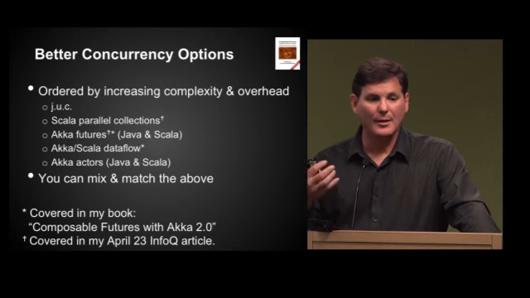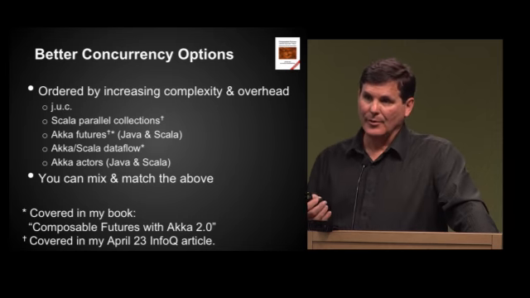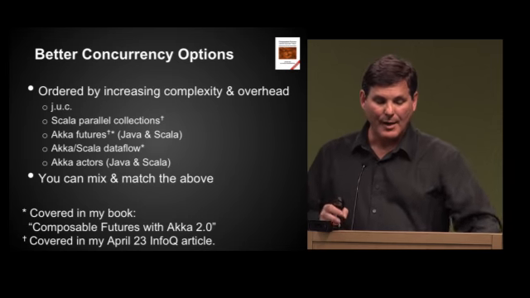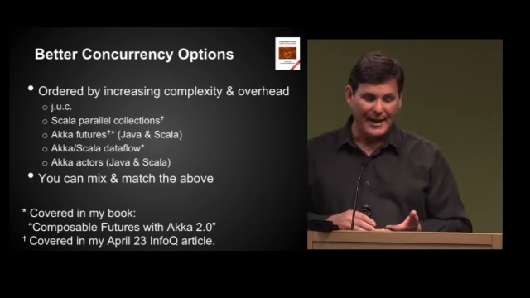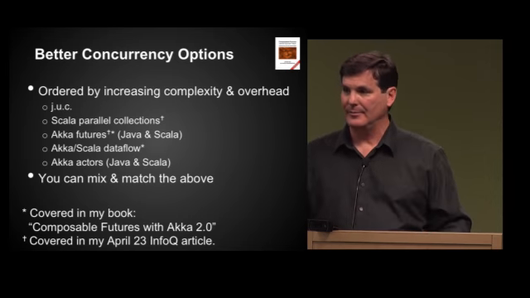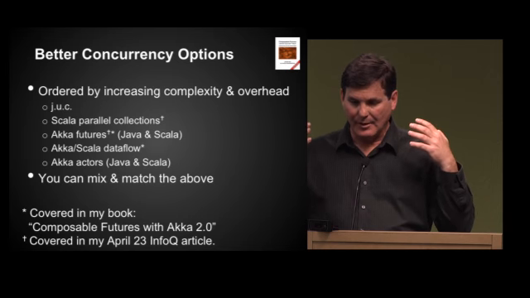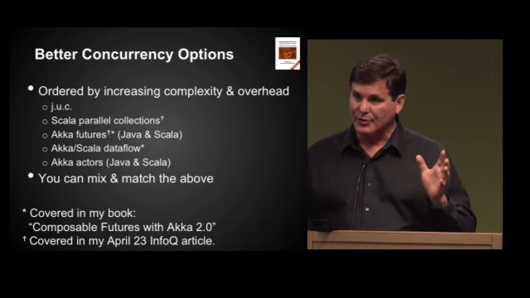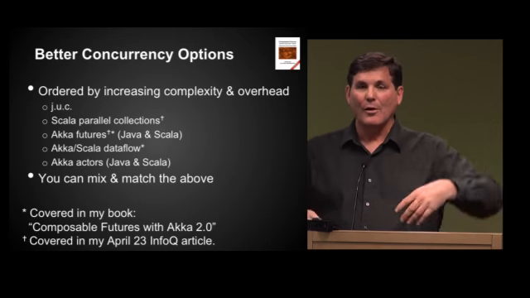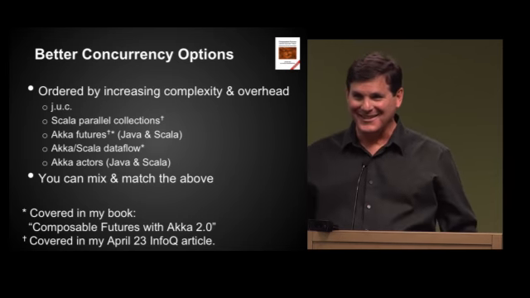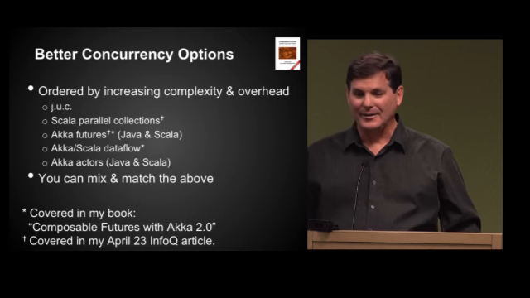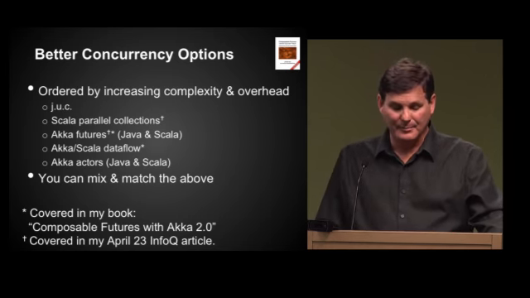They're more flexible, so they require a little more understanding of what's going on. But what's nice about both Scala parallel collections and Akka Futures is that they're deterministic. You can reason about them. It's with not a lot of time, you can be pretty sure what's going on. Unlike Akka Actors, where you're building an operating system, essentially, it's not deterministic, it's not composable, and it's a much, much bigger piece of work.